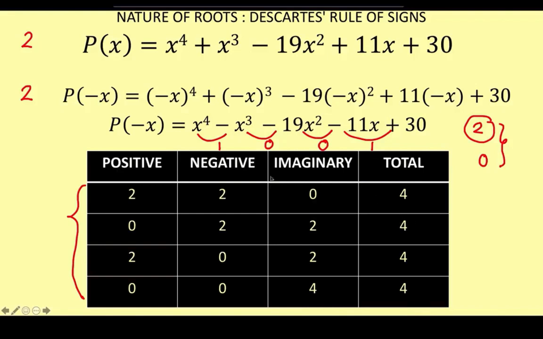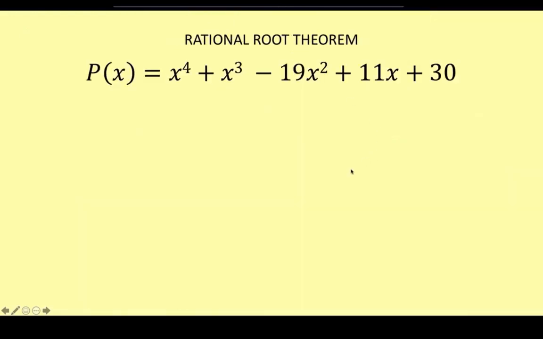So the Descartes rule of sign just tells us the nature of the sign of roots that we are expecting, but this does not tell us what are the roots. So we need to use the other theorems. The next theorem that we're going to use is the rational root theorem. It says that the possible rational roots of a polynomial function is a factor of the ratio of this constant and the coefficient of the leading term.